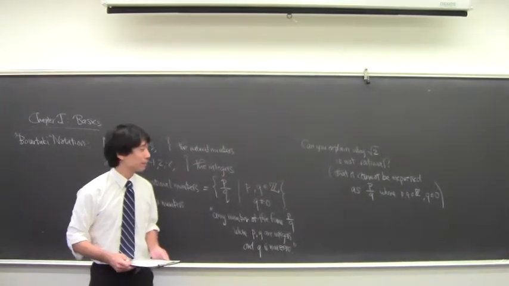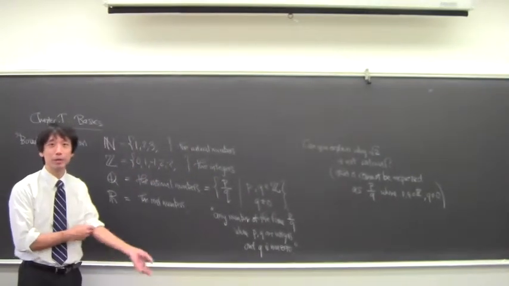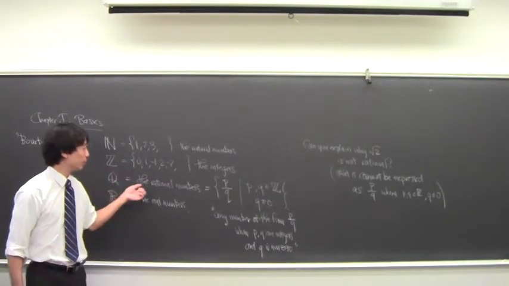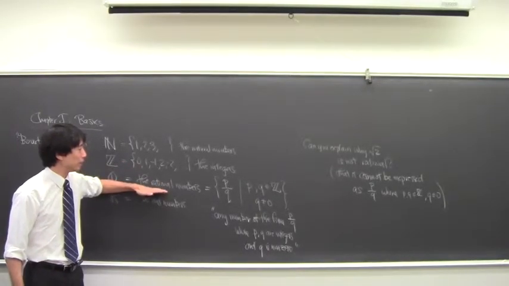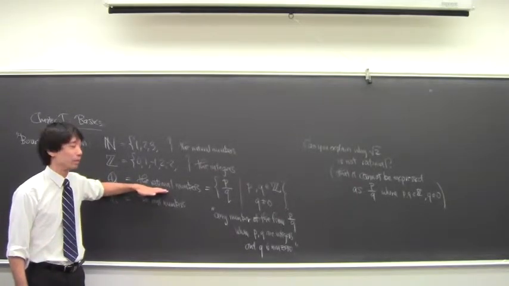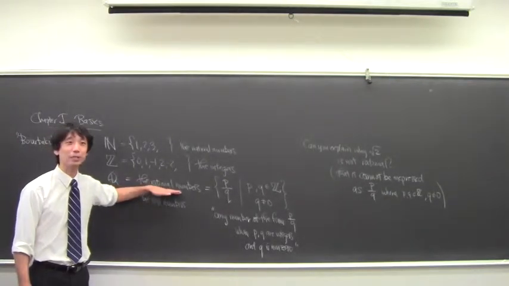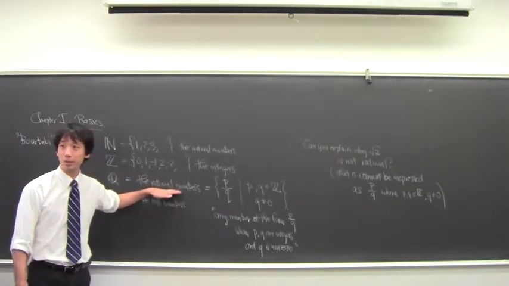Okay, yeah, right. So just to give you a little bit of history, the number system of the ancient Greeks was entirely based on rational numbers. For them, what's a number?